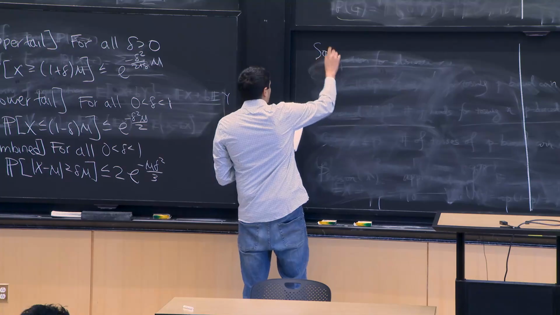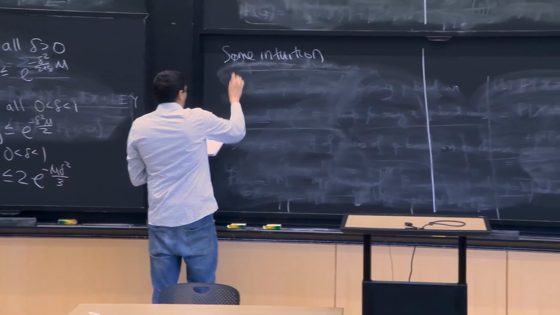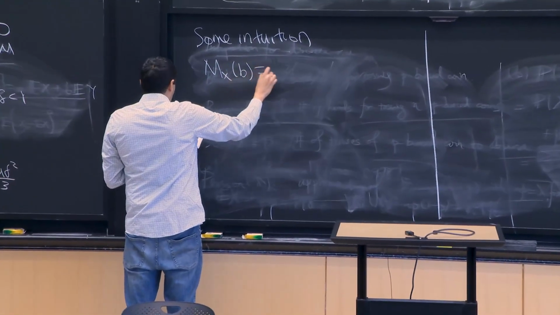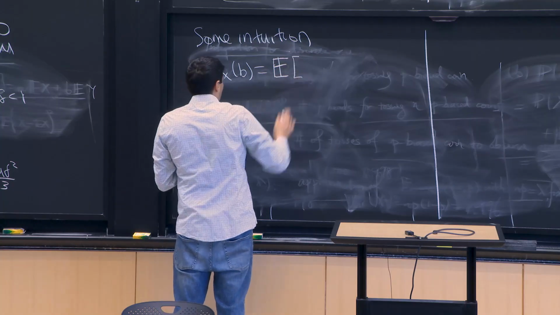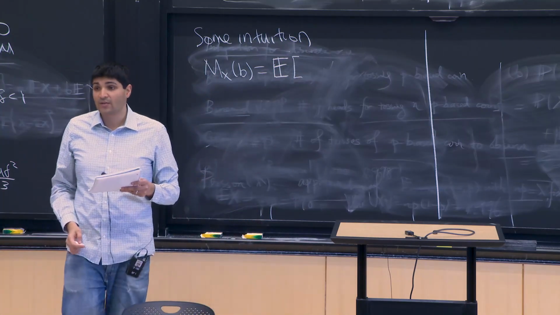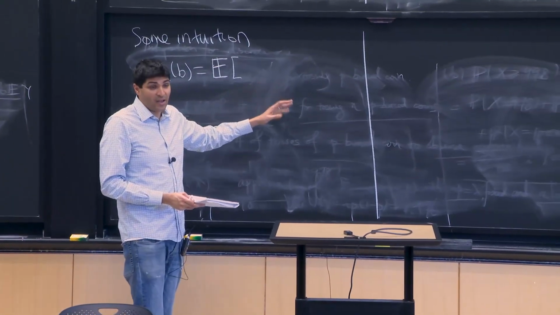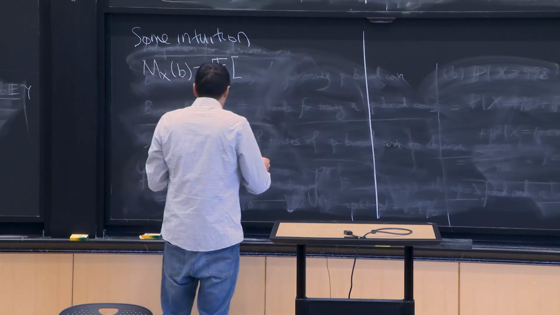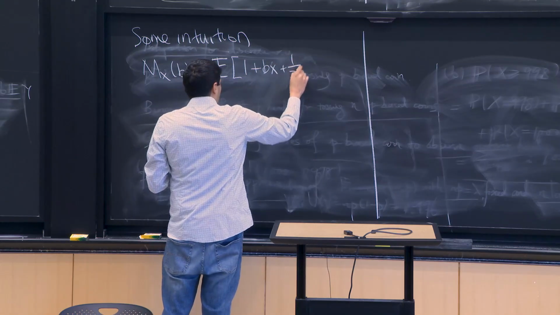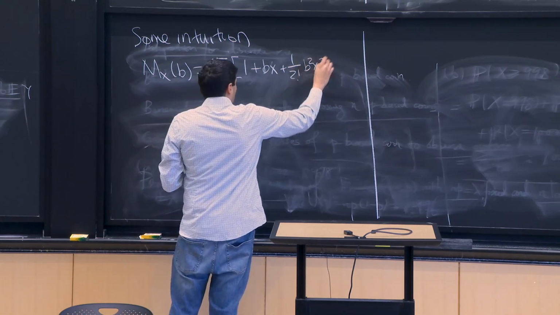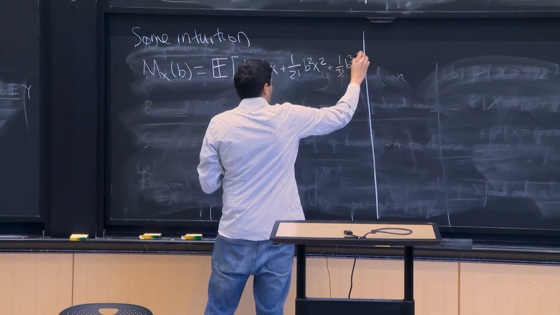So let's do some intuition. First of all, M_X of b is a function of b. In fact, one way that we could think about it is we could take the Taylor expansion of e to the bx, because inside the expectation x is just some particular realization, and it could look like 1 plus bx plus 1 over 2 factorial b squared x squared plus 1 over 3 factorial b cubed x cubed and so on.